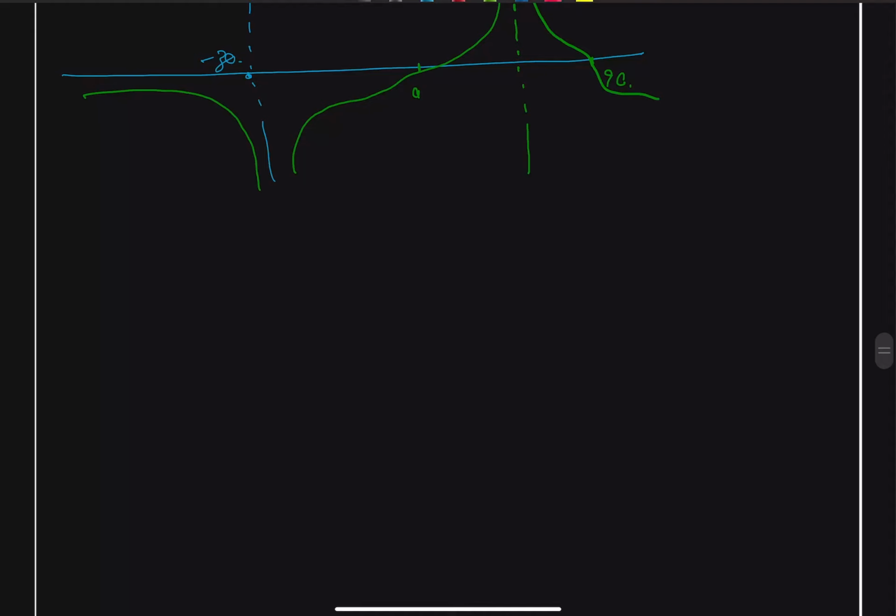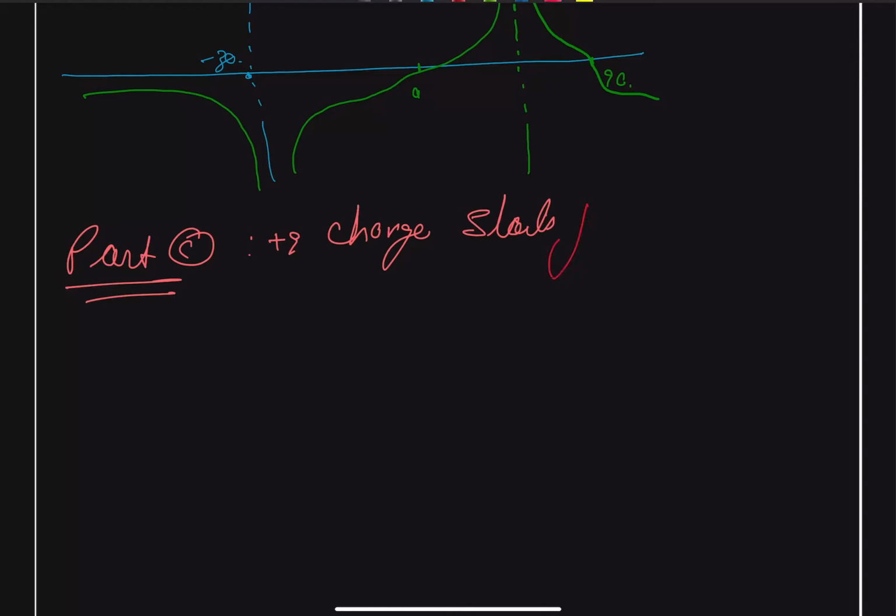So you can say part C: the plus Q charge starts from the point 5a, 0.